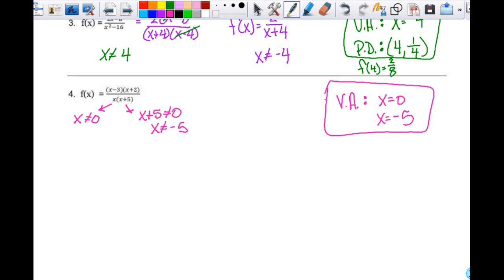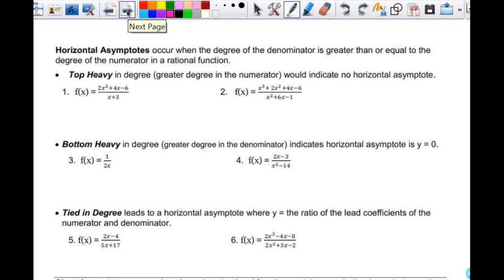All right, so then we're going to talk about horizontal asymptotes. When you look for the horizontal asymptotes, you are looking at the rational functions to see if they are top-heavy, bottom-heavy, or tied in degree, right, as far as the degree of the function. So it says horizontal asymptotes occur when the degree of the denominator is greater than or equal to the degree of the numerator.